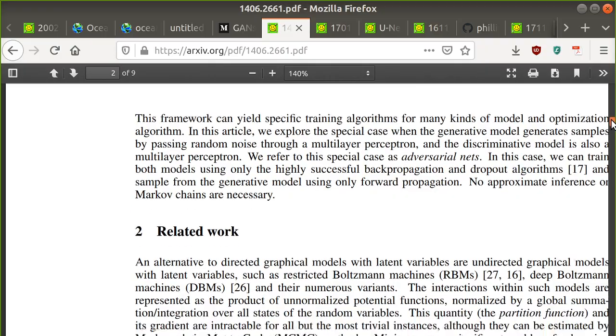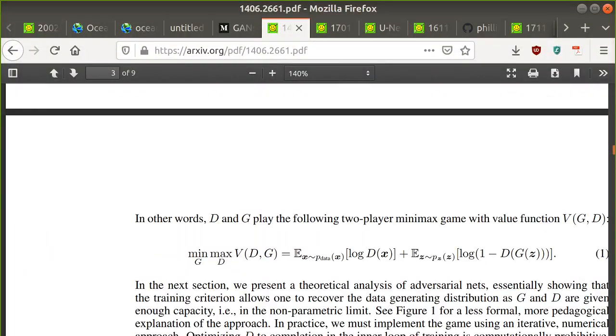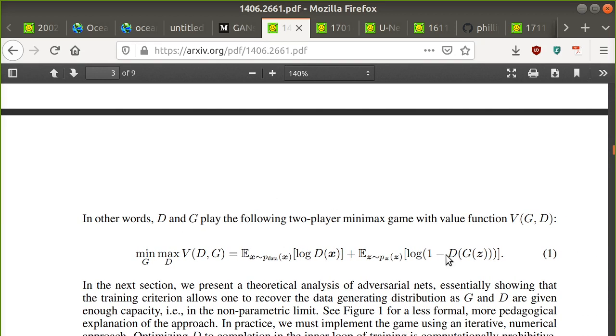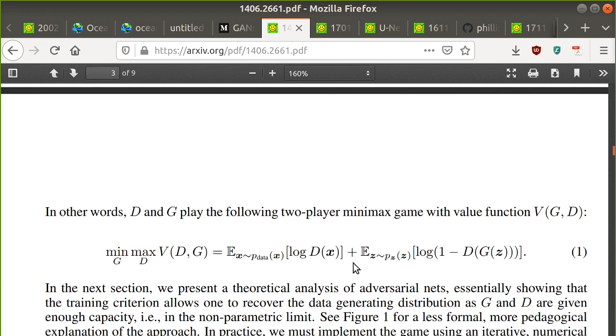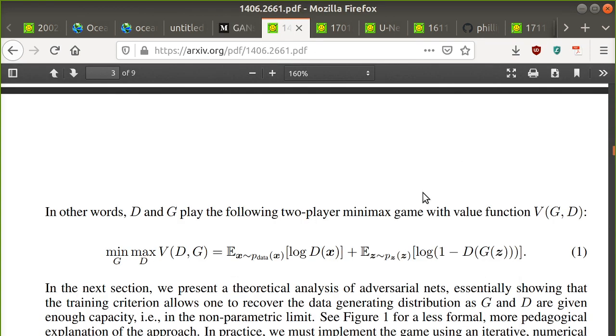And the only thing I want to discuss from this paper is this equation. It's a little daunting, there's a lot going on, but I want to go through it bit by bit for a couple minutes and just explain what this means and how this relates to this adversarial game that the discriminator and the generator are playing. So D is the discriminator, and when we say D here, we mean essentially we're taking a maximum over all possible values of D, right?